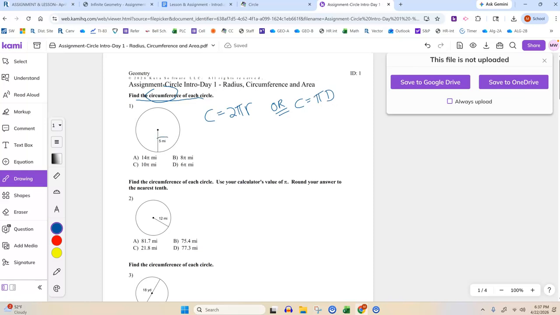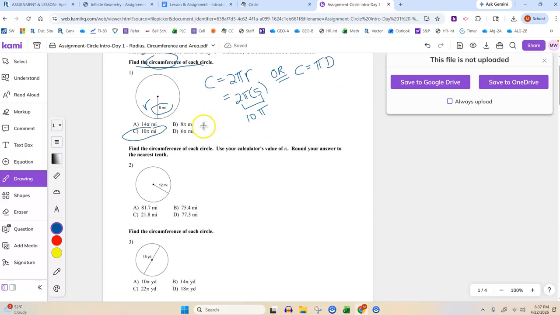But we have the radius, don't we? That's r for the radius. So we're going to use this. Circumference equals 2 times pi times the radius, which is 5. So you can multiply these together and get 10 pi for the first one, okay? So that's how you do that.